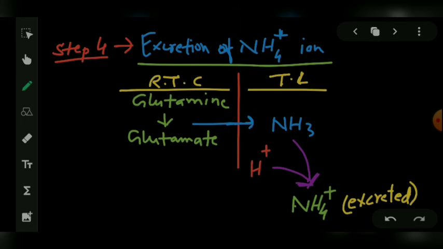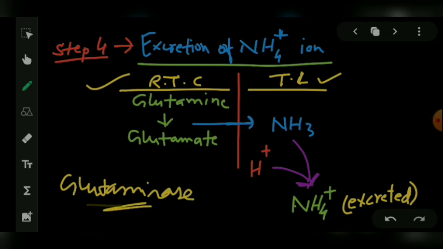And coming to the last step, that is the excretion of the ammonium ion. We will consider the tubular lumen part and the renal tubular cell part. What is happening in the renal tubular cell is that glutamine is converted into glutamate in the presence of the enzyme glutaminase.